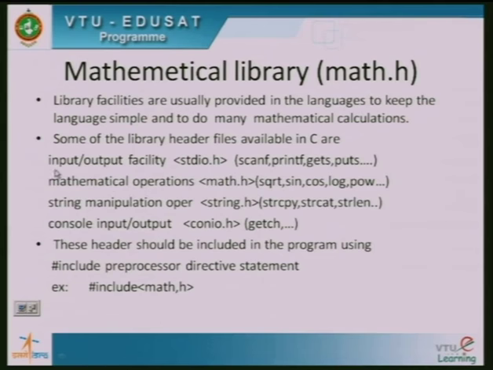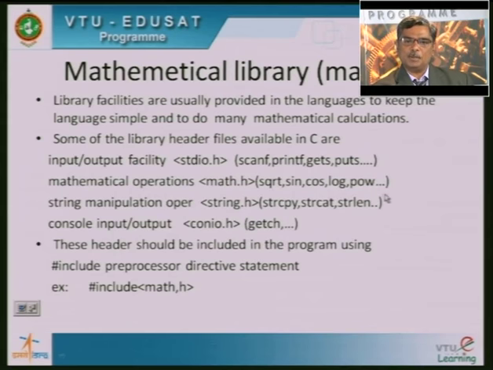Some of them are given. For input output facility, use stdio.h, inside which the scanf, printf, gets function, puts function are all written. In math.h, the mathematical operation functions are written: square root function, sin function, cos, logarithmic, power. There are so many such functions you can directly use in your programming.